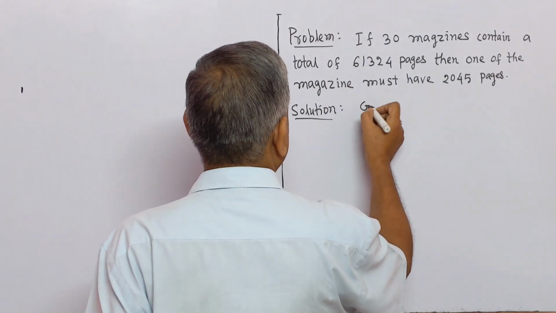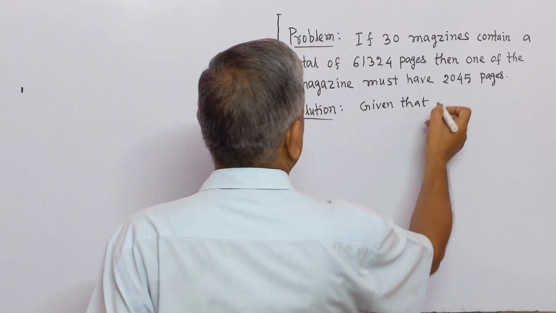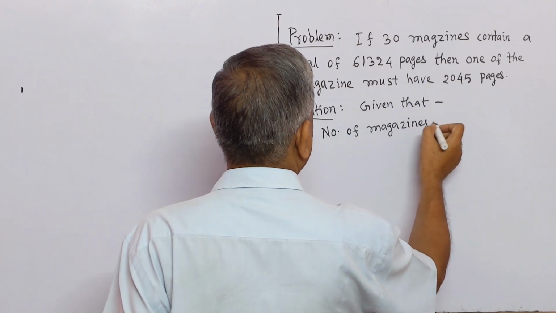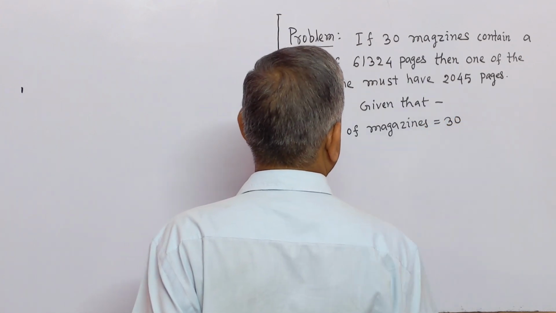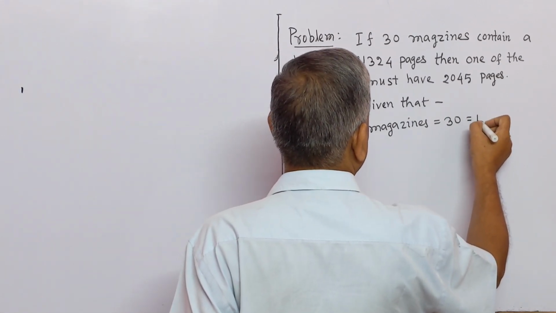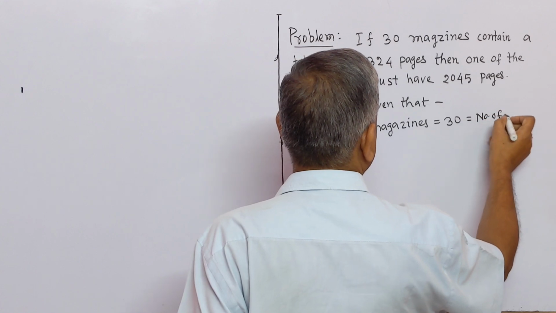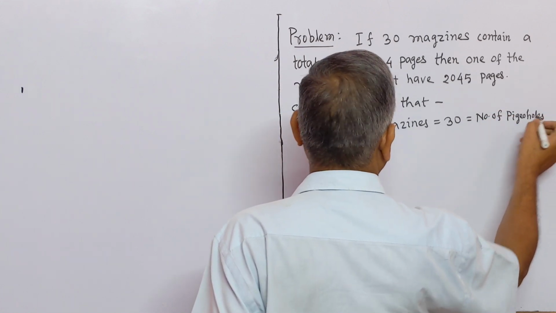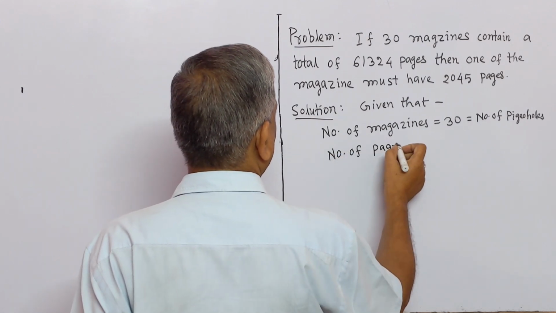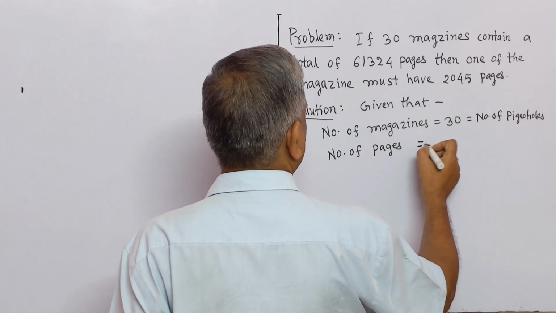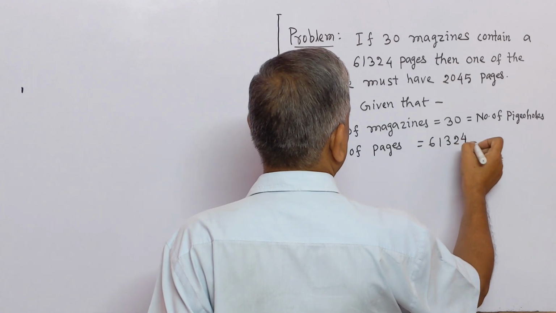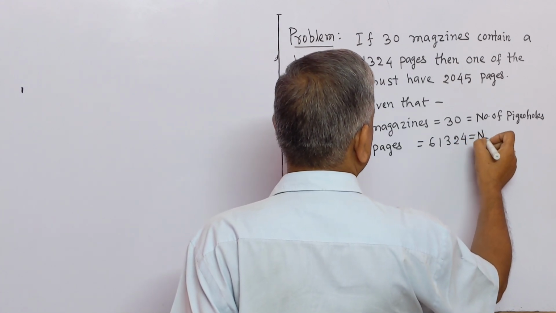Given that number of magazines equal to 30, we may compare this with the number of pigeonholes, and number of pages equal to 61,324. This may be compared with the number of pigeons.